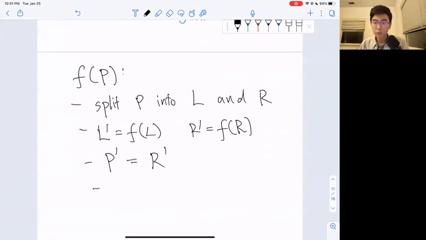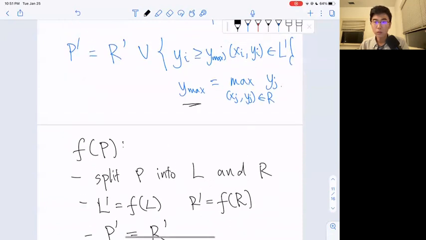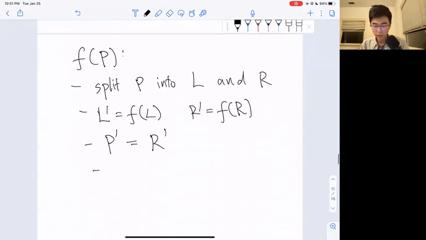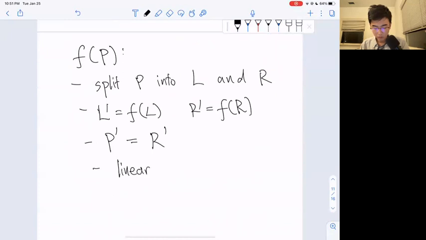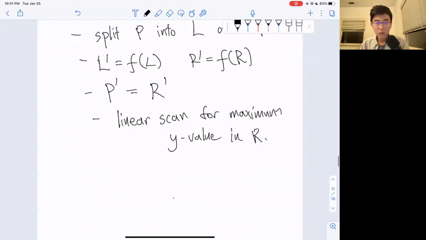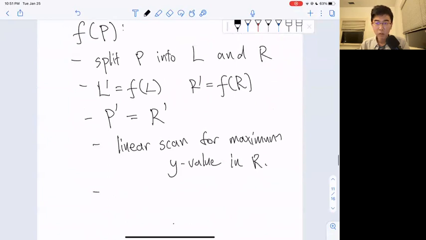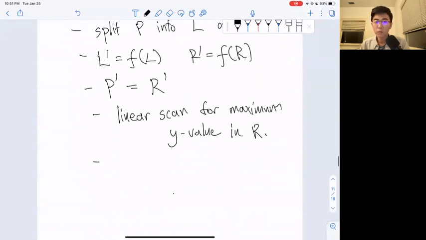But before you do that, you first have to figure out what this y max is, and you can do that with a linear scan for the greatest y_j value. And then you add in points from L prime into P prime.